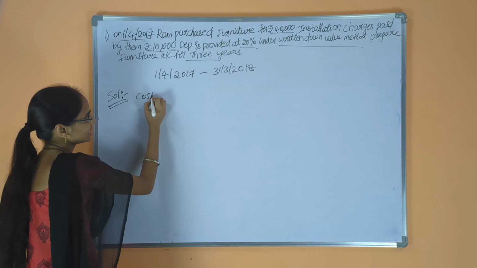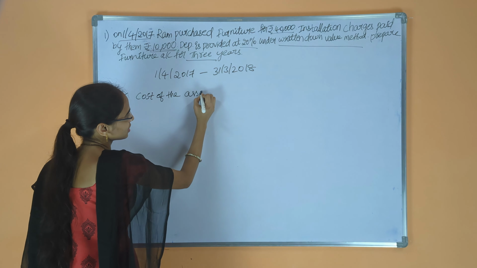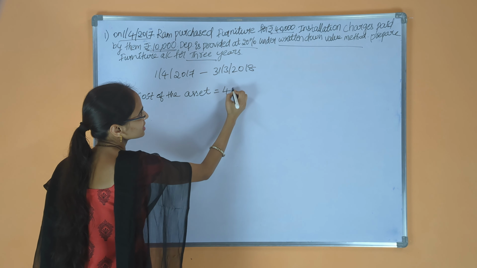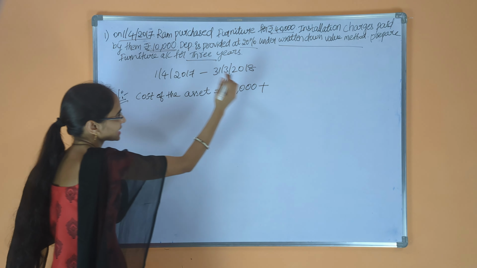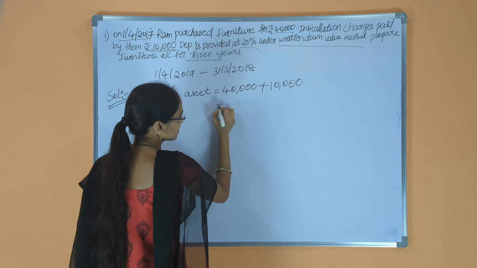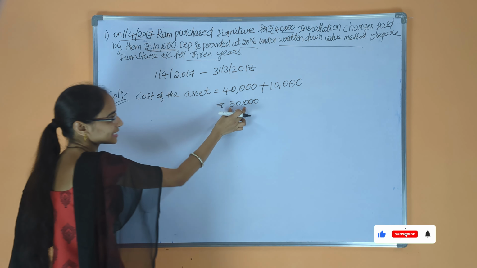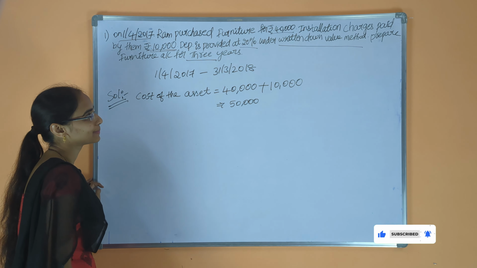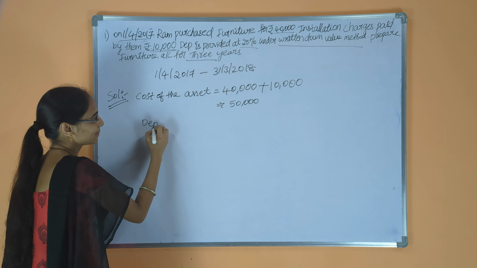Cost of the asset is equal to 40,000 plus installation charges. This amount will be added to the original cost of the asset. Amount is rupees 50,000. For this amount we will calculate the depreciation. Rate of percent is 20%.